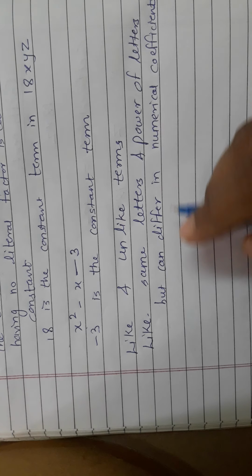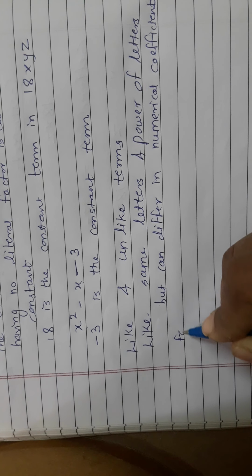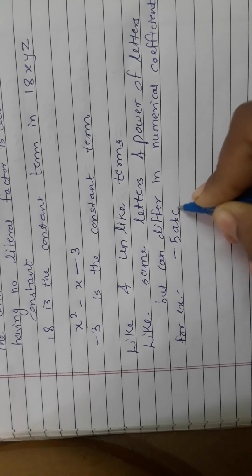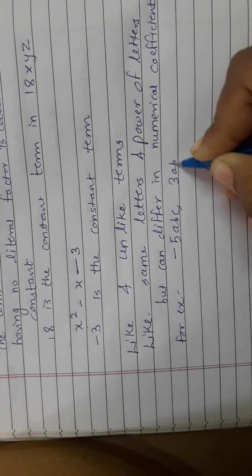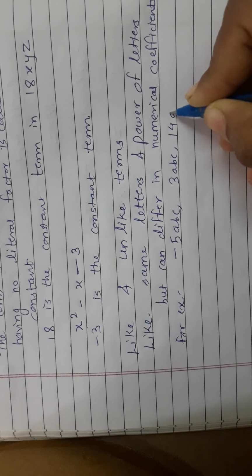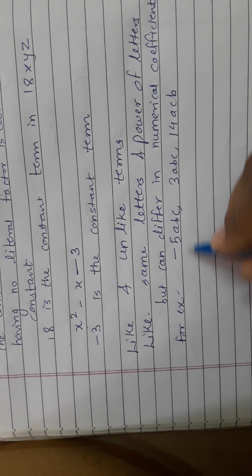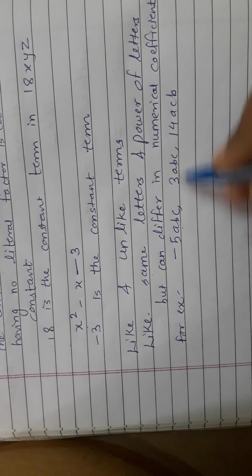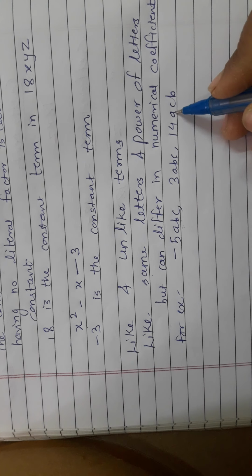So for example, minus 5abc, 3abc and 14acb. These are like terms. Why? Because see, the letters are the same, abc and acb.